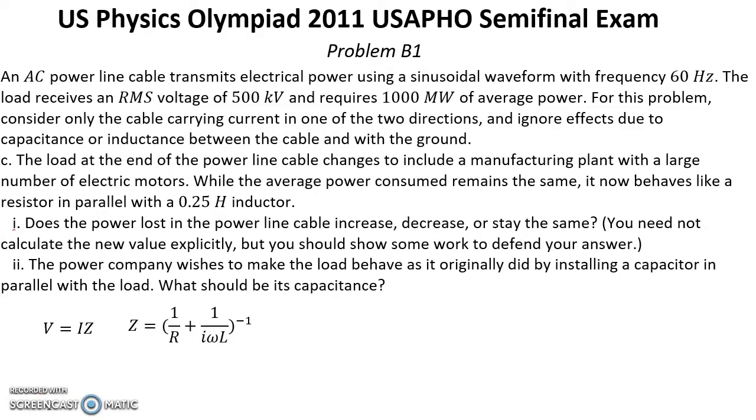Question 2. The power company wishes to make the load behave as it originally did by installing a capacitor in parallel with the load. What should be its capacitance? Answer. To compensate the influence of this inductor, we need to put in parallel capacitors to cancel the complex part of this impedance.